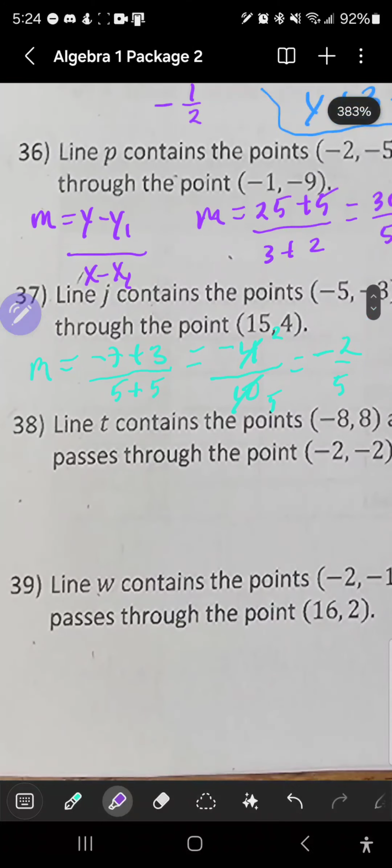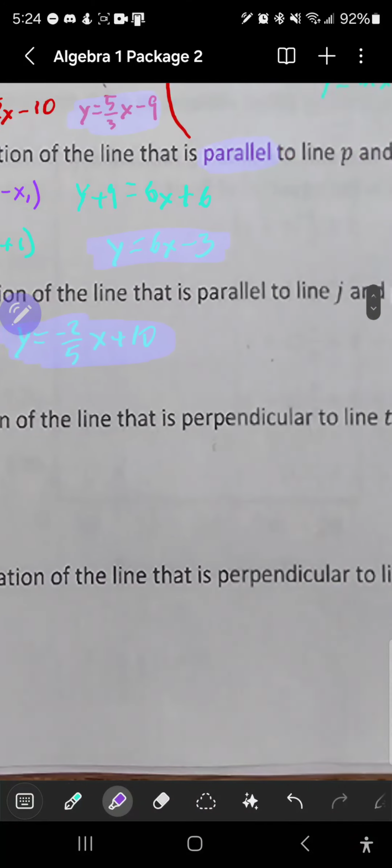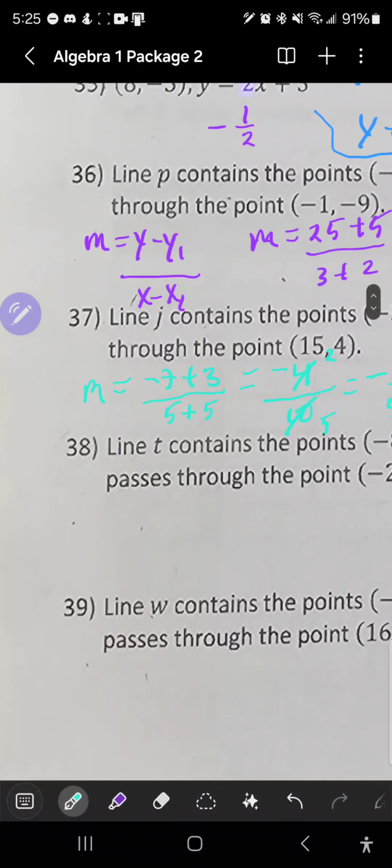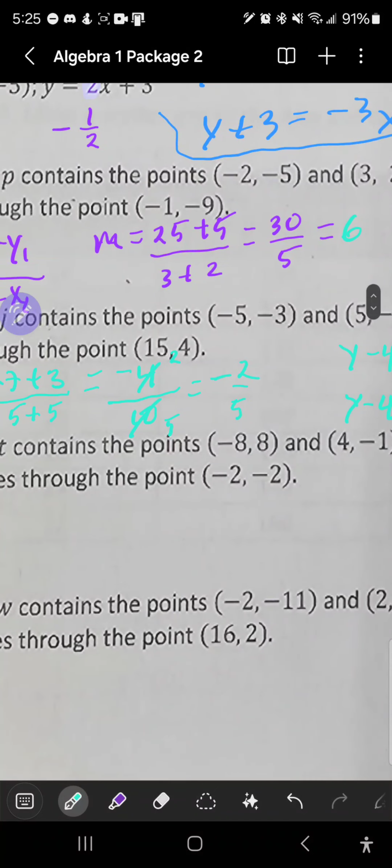Now we keep going. It's basically the same, but this time this line is perpendicular. So the slope needs to be the opposite reciprocal. If the slope is 1 over 2, our perpendicular slope will be negative 2, as I was explaining before. So we keep going. We first find our normal slope through the 2 points we have.